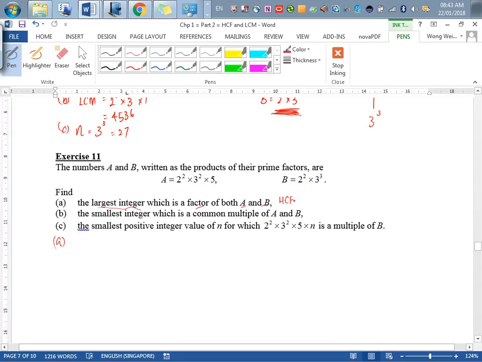So instead of us doing this, 4 times 9 times 5, and then we get 180 over here, and then do this 4 times 27, 108, and then we start to find, 180 equals to 1 times 180 equals to 2 times 90, and so on and so forth. Then you list everything out, the factors.